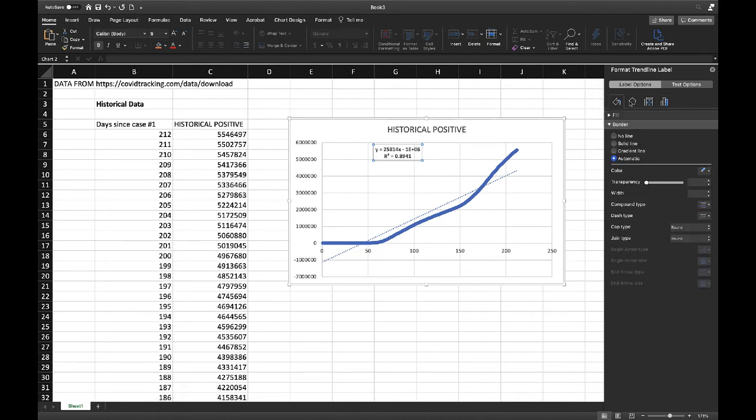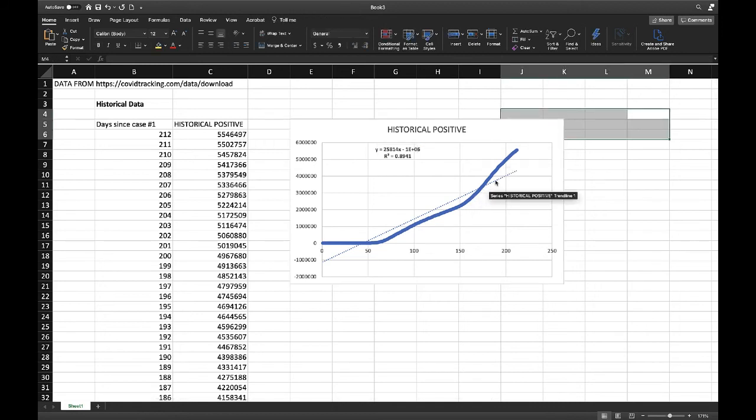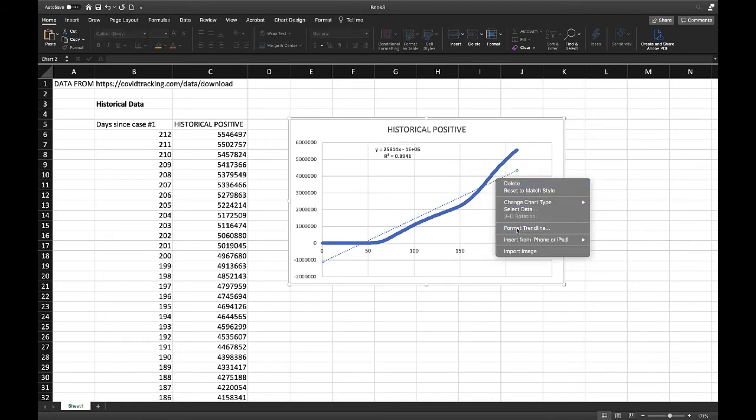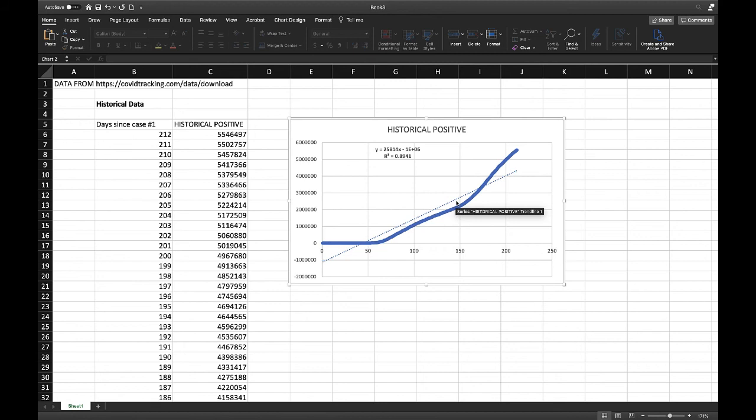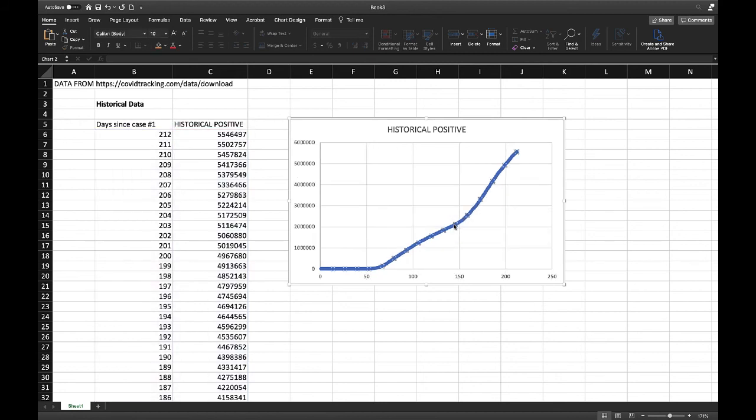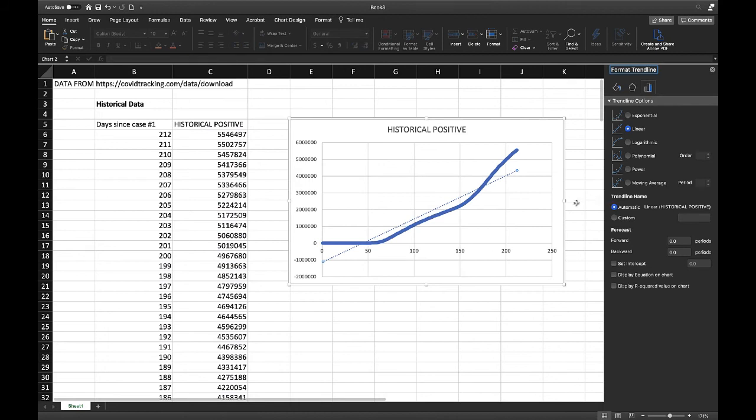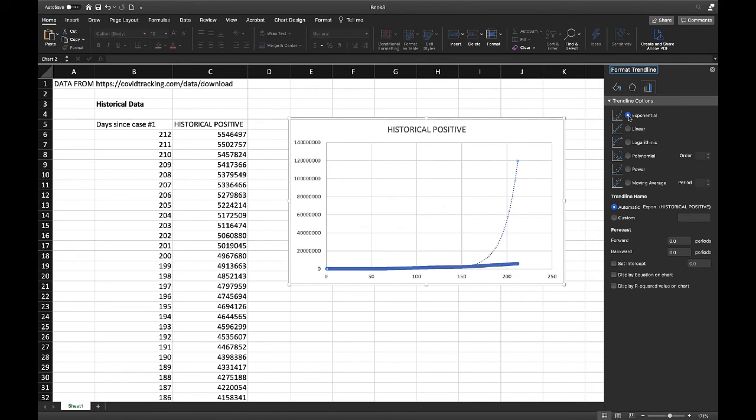All right, so back to the trend line. I'm going to delete that trend line, and let's do this again. Add trend line. Now let's try some different things. You might say, oh, this kind of looks exponential. Well, it doesn't fit a simple exponential very well.